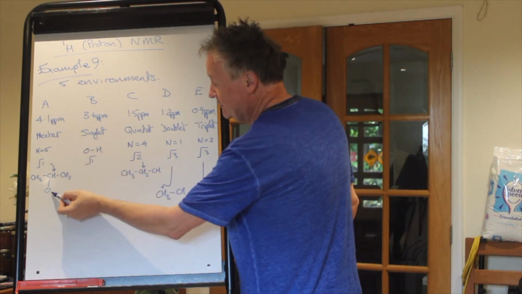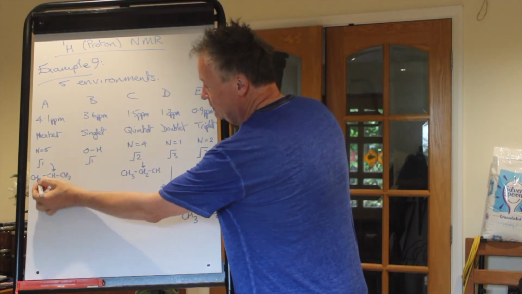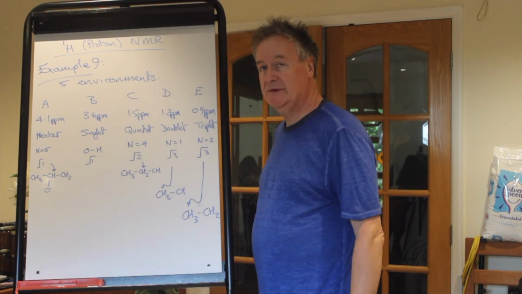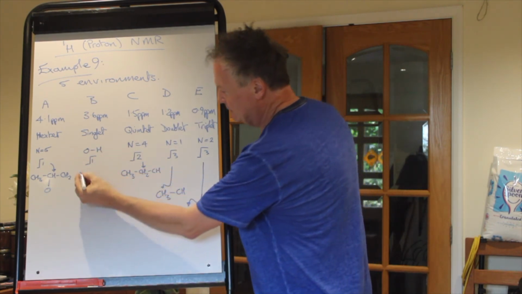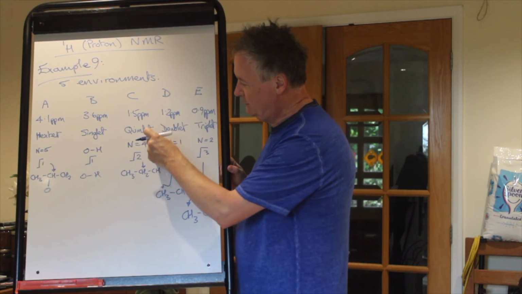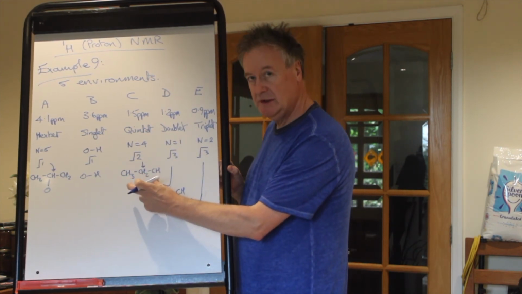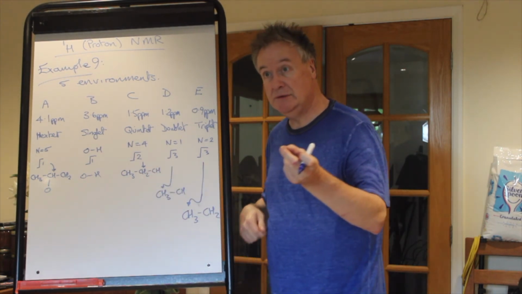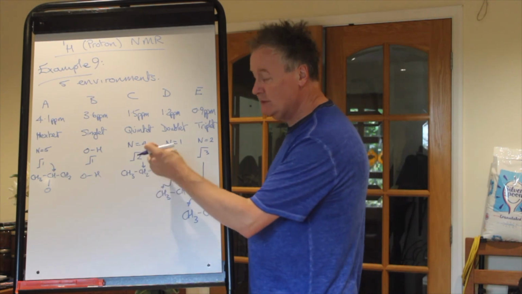The high value is because it's attached to the oxygen, it's actually attached to an OH, but the hydrogen is irrelevant. So we're going to propose it's that environment. That is the OH environment, which I should have written down there, but I managed to write it above it. There we go. The 4 means it's CH3 and CH. Now it could be CH2 on either side. That would still give you 4.